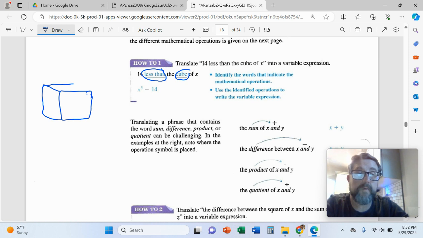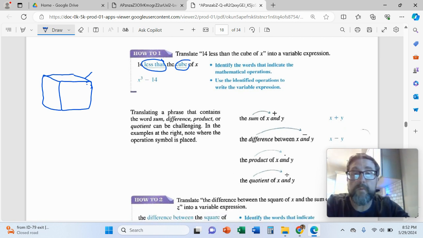So basically this is saying 14 less than the cube of x.